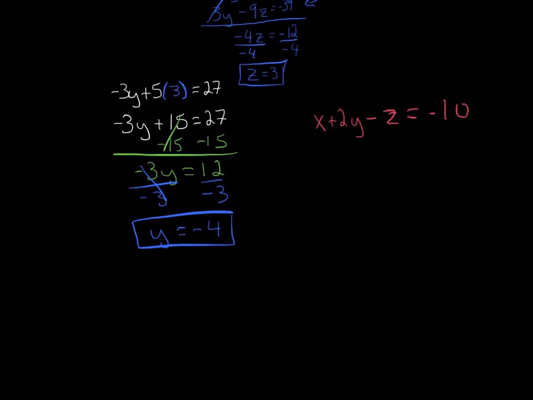Okay, so now once I have that written down, I'm free to just replace the y and the z with the values that we found. So x plus 2 times y, but instead of y, we're going to put in what it is equal to, which is negative 4, minus the z, which is 3, is equal to negative 10.